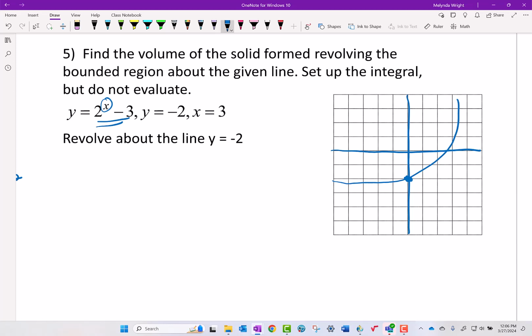So that's that. And we want to be bounded by y equals negative 2. So that's this part down here. And we want to be bounded by x equals 3, which is this part right here. So this is the part right here that we are rotating.